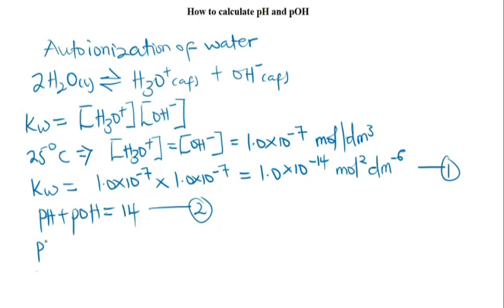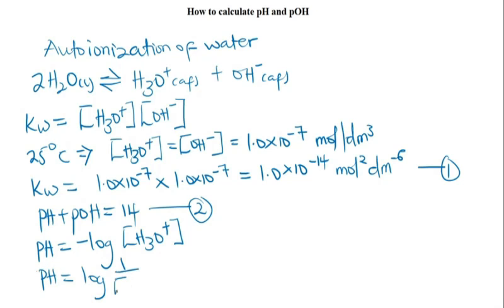Now the pH of a solution is given by the negative logarithm of the hydronium ion concentration in the solution, or pH can be written as log of 1 over H3O plus ion concentration in solution. So let's take this as our equation 3.